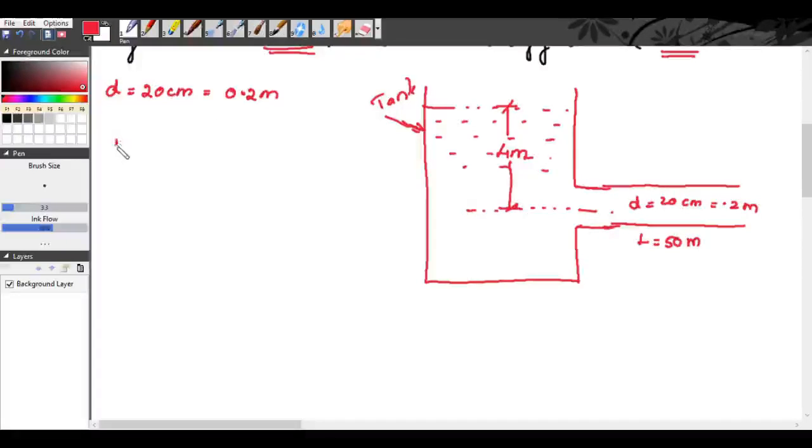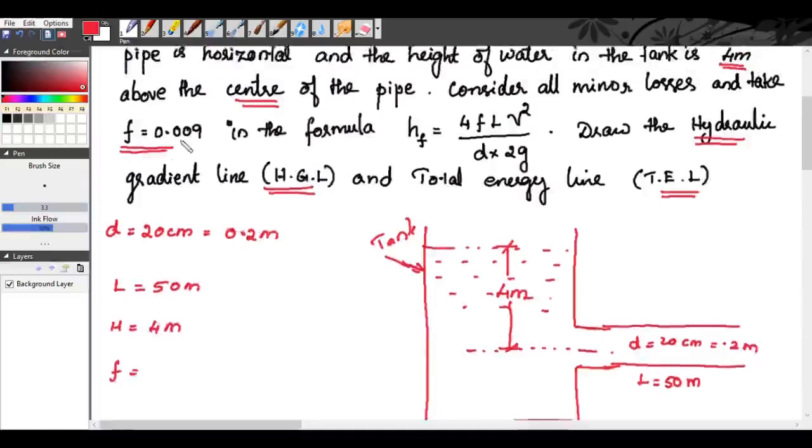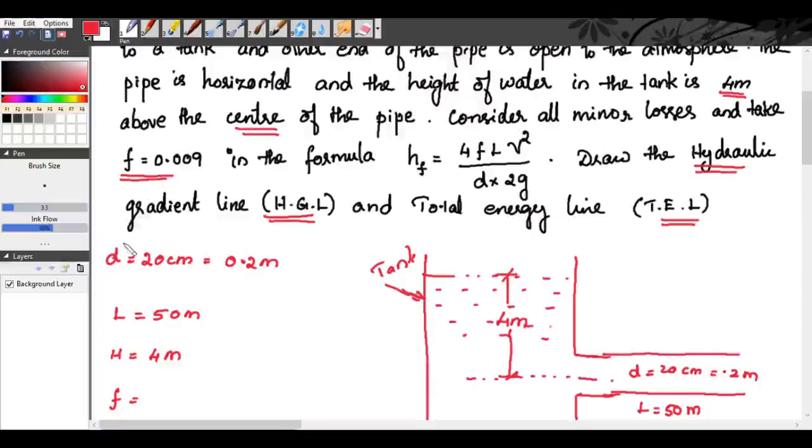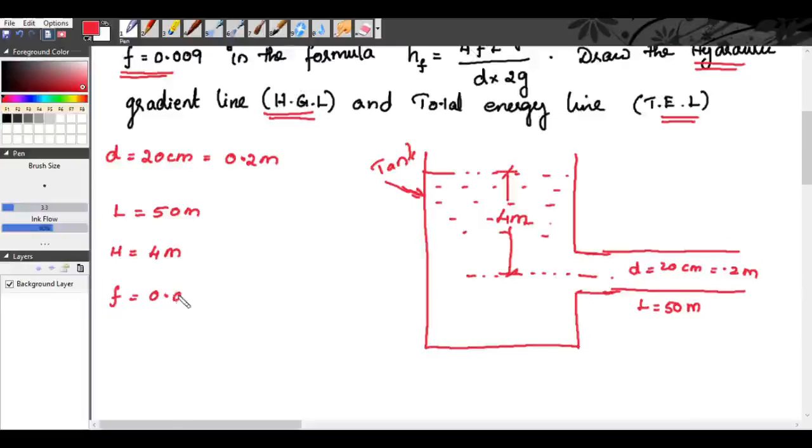The length of the pipe L is equal to 50 meter. Height of water in the tank above the center line of the pipe is taken as h, that is equal to 4 meter. Coefficient of friction is given as 0.009. We have to use this in the formula.